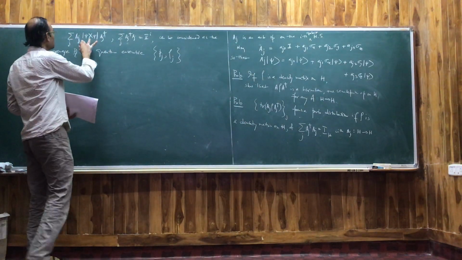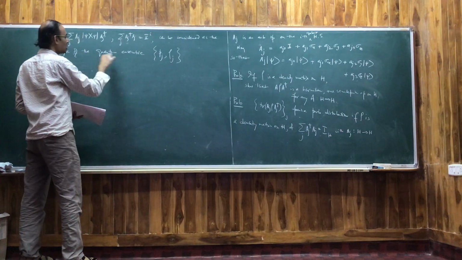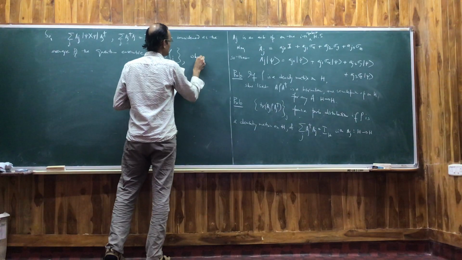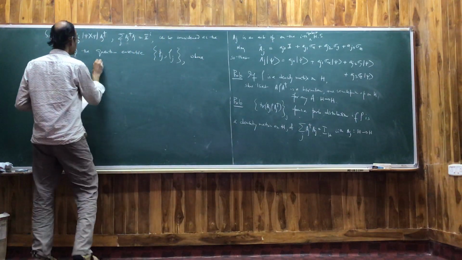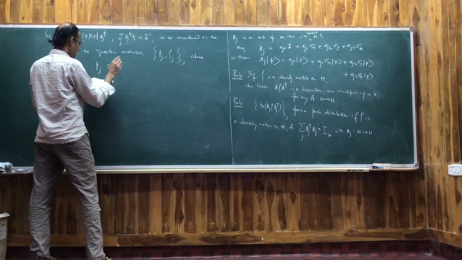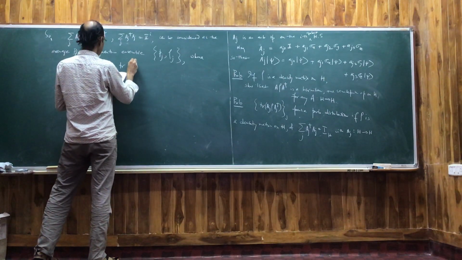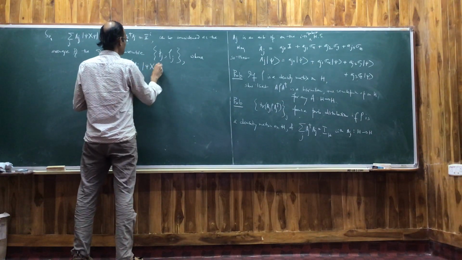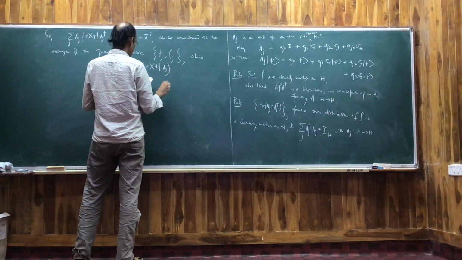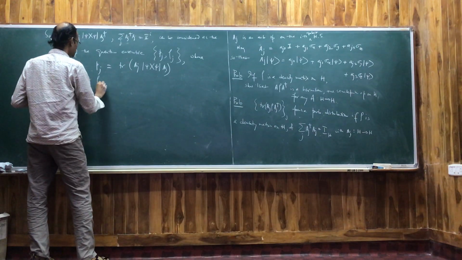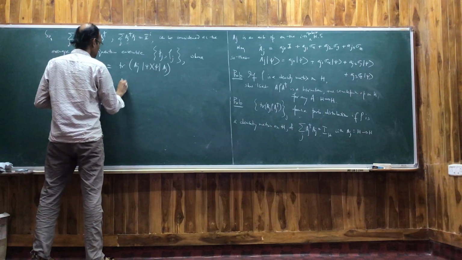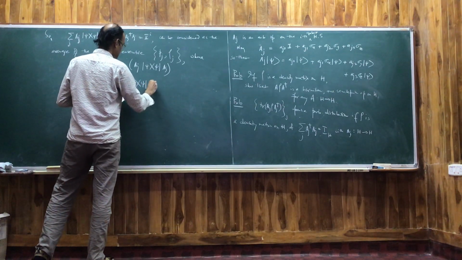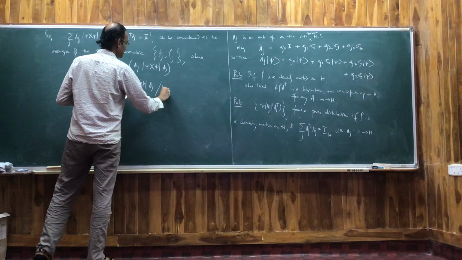So you can think of this state as the average of a quantum ensemble, where this p_j is the trace of A_j psi A_j dagger, and rho j is A_j psi A_j dagger divided by p_j.